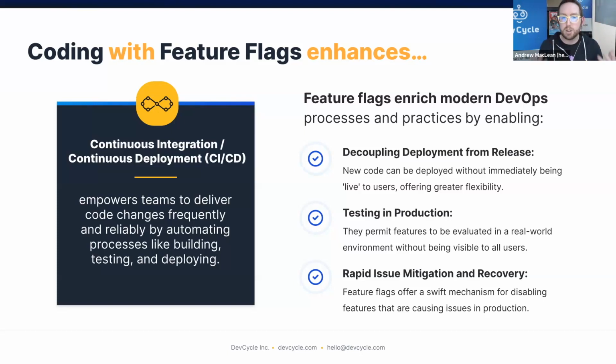So if you've done your job and you've wrapped all of the pieces of this new feature in the right feature flags, or as DevCycle calls them, variables, you're able to really quickly turn off those features and stop them from impacting anybody else.